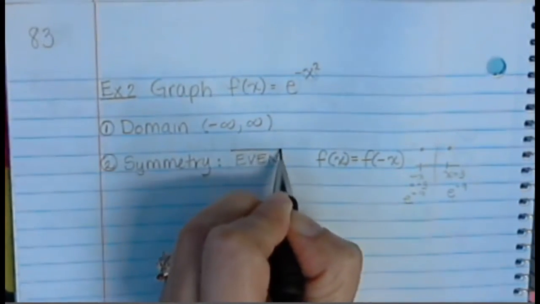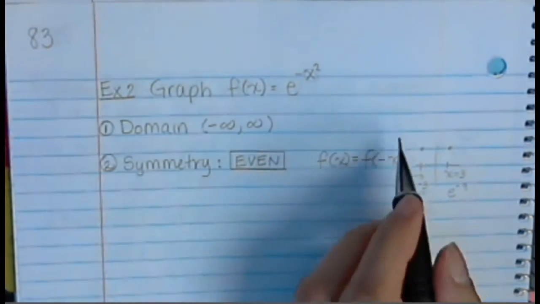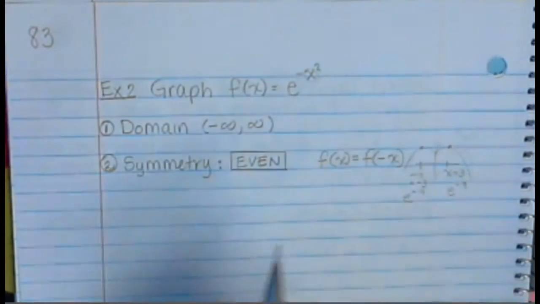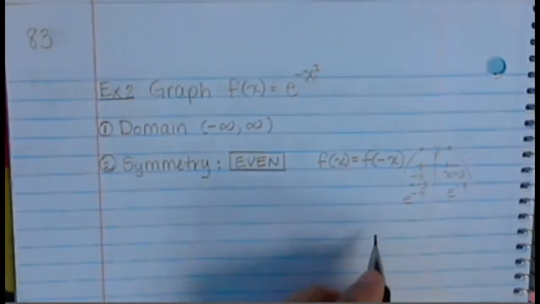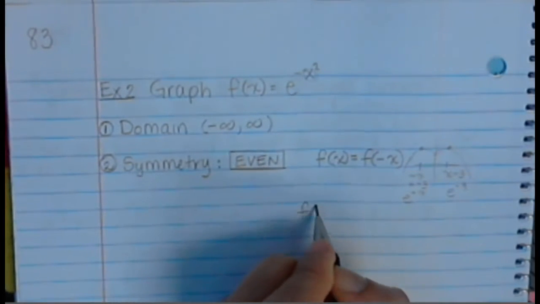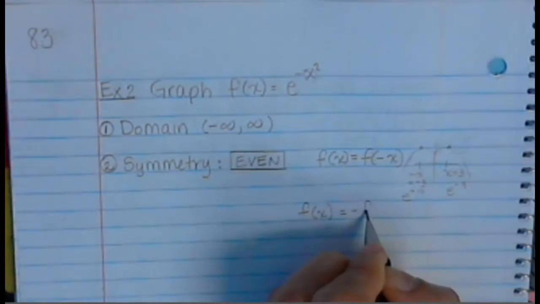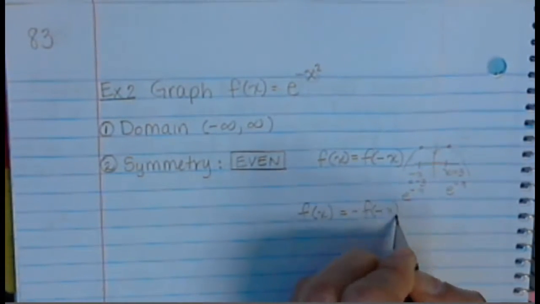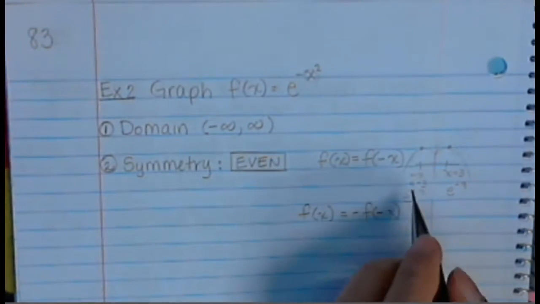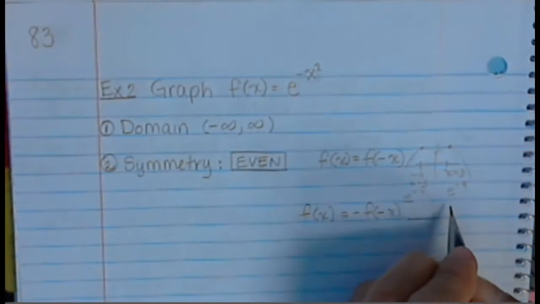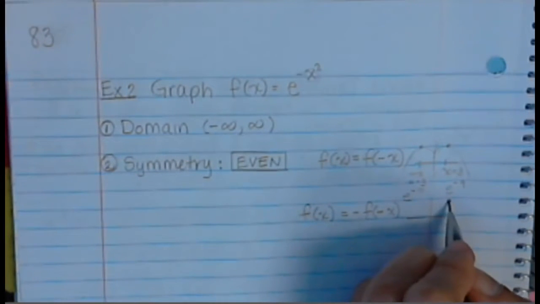So that means that what we see on the left side of my graph, we should be seeing on the right side of my graph, whatever it may be. If a function is considered odd, that's when we have f of x is equal to a negative f of negative x. Now, what does that mean in terms of our graph? It means that we're over here at x and we have some positive y value.